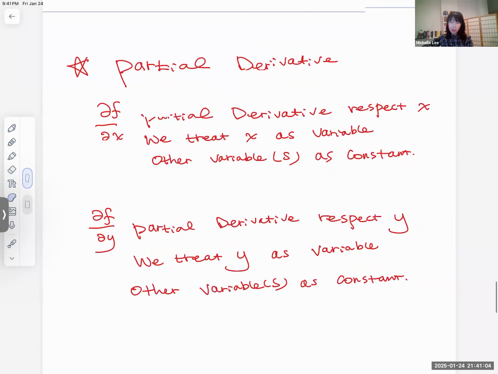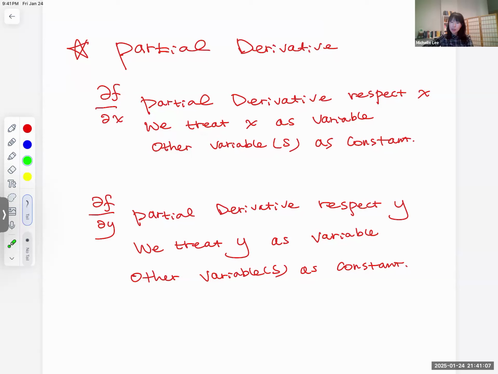Okay, let's take a look. Basically, when you take a partial derivative with respect to x, then x is the variable of the function, right? Then the other variables, we treat them as constants.